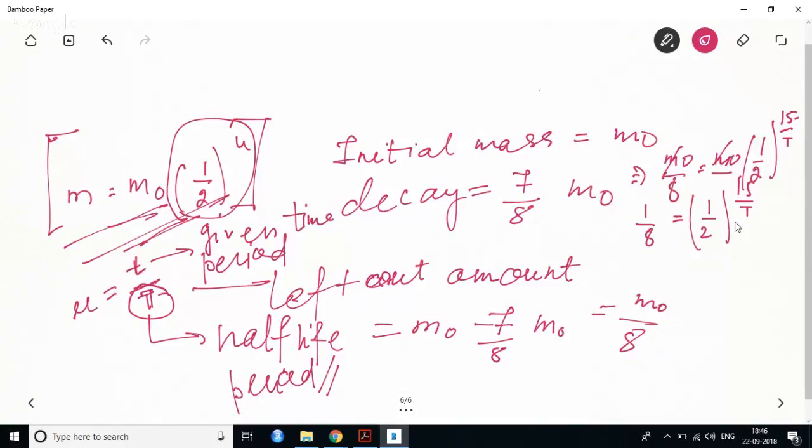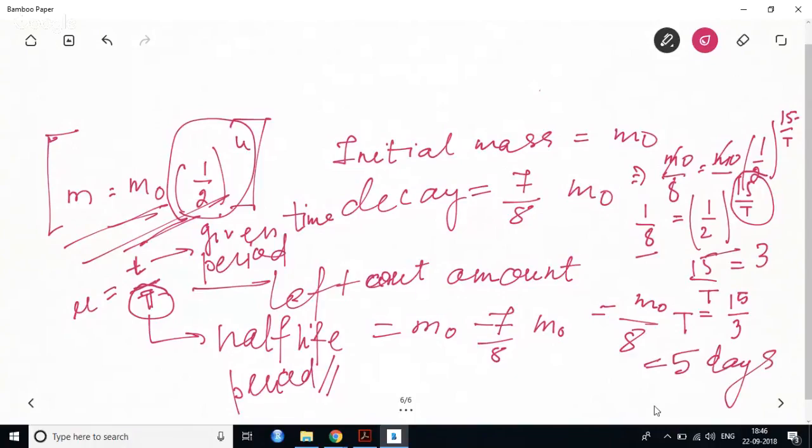I should know that this is 1 by 8 and this is 1 by 2, so this power should be 3. So I am directly writing 15 by T to be equal to 3, or T comes out to be 15 divided by 3, that is equal to 5 days. As simple as that.